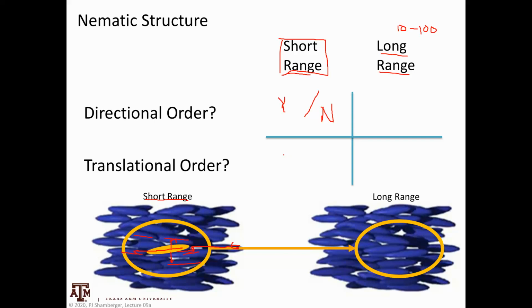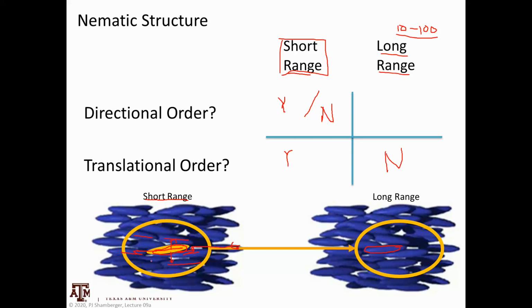So there is definitely short-range translational order. But by the time I get to a much greater distance away, we've lost that translational order. I can't tell you anything about the exact position of this particular mesogen with respect to that starting point if it's some number of molecule lengths away.